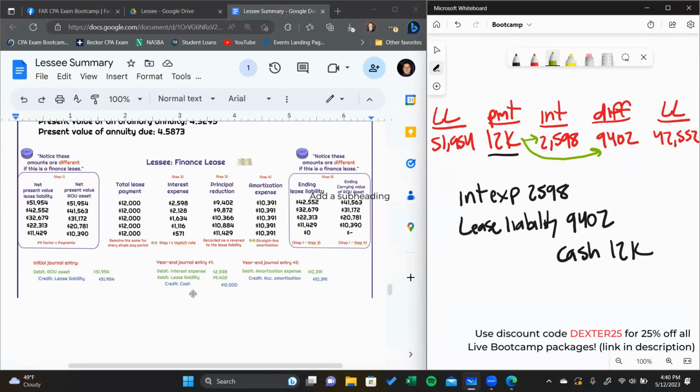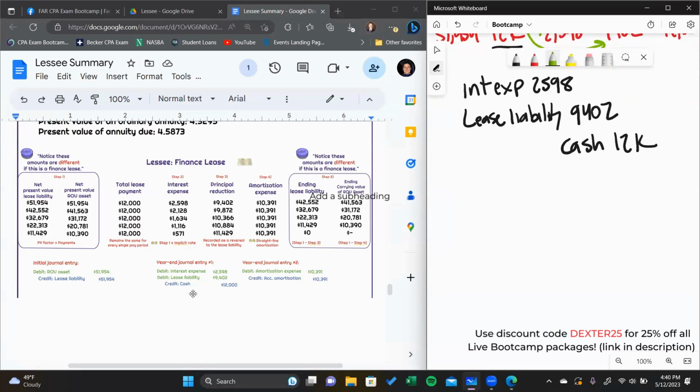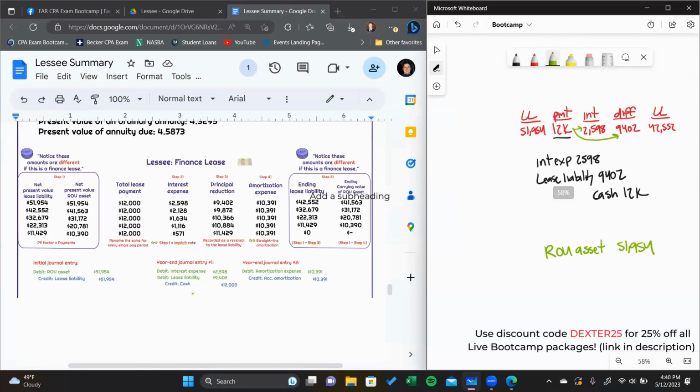With finance leases, we actually do record amortization expense, and generally how we do that is straight line. We take the amount of the ROU asset, which is 51,954. If you remember the very first journal entry, we debited ROU asset for 51,954 and credited lease liability for 51,954.